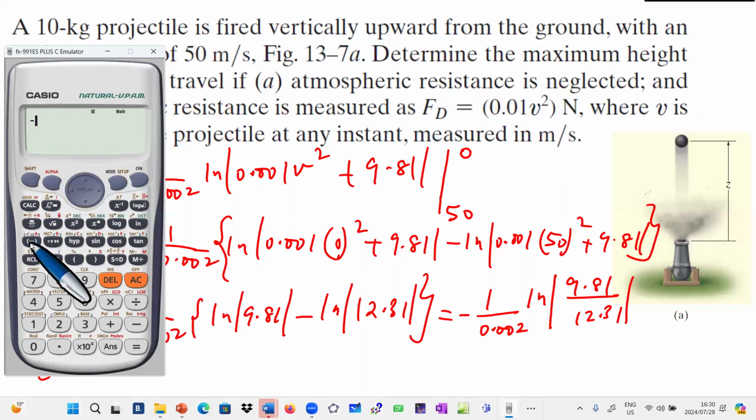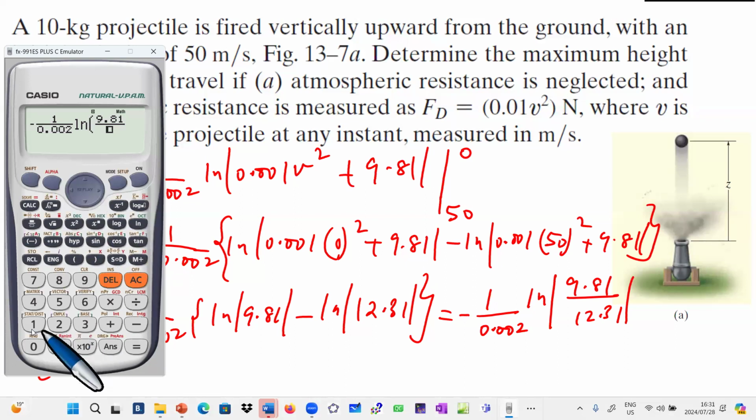So I'm going to punch this negative, and then I'm going to punch this particular fraction, 1 over 0.002. Right, and you punch the natural log. Then you go to this one here, which is exactly 9.81.